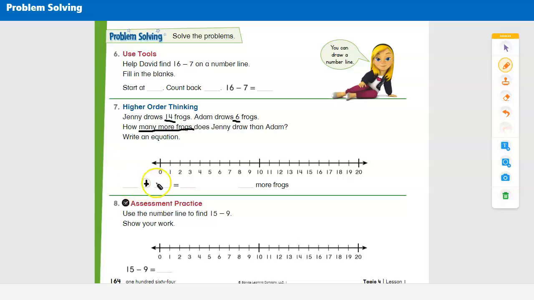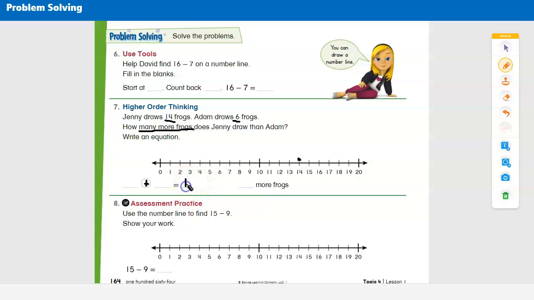So even though we are adding in our equation, we can still use our number line to help us count back. So how many total frogs does Jenny draw? 14. So start at 14. And how many frogs did Adam draw? 6. So then you are going to jump and count back 6 and see what number you land on.